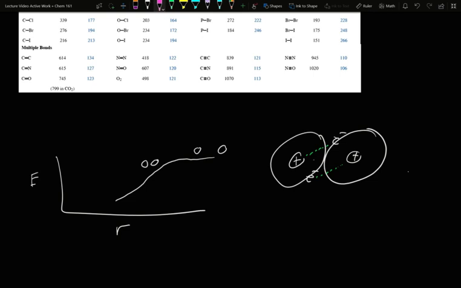But the closer they get, the more the repulsive effects start to kick in. At first, the attractive forces dominate, and so your atoms can get closer and closer, but eventually they get to the closest they can get.